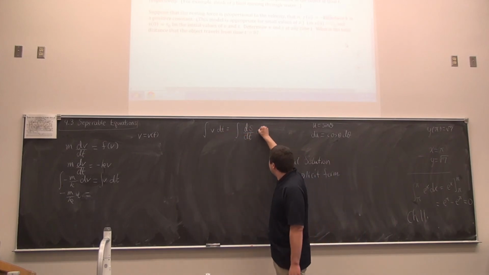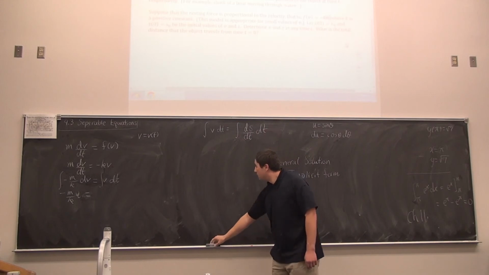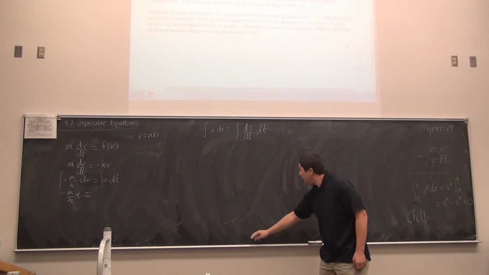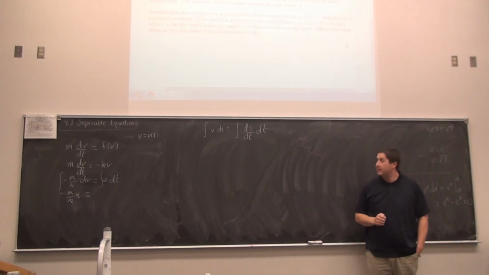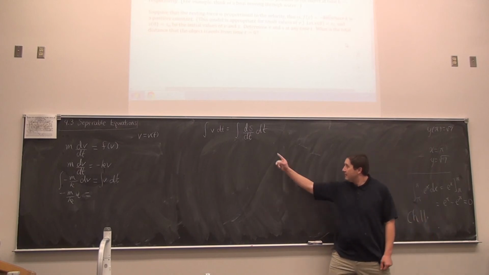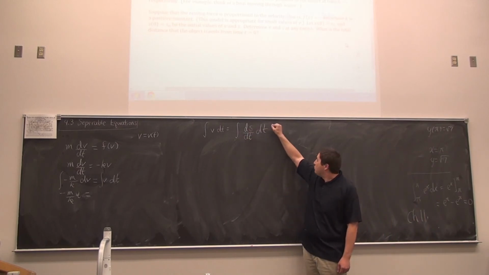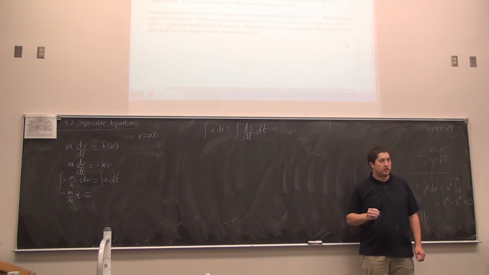Then we throw in a dt here. And that's the antiderivative that we must take. So antiderivative of ds dt. It's saying, I want the antiderivative of the derivative of the position function. What would you say that should be?